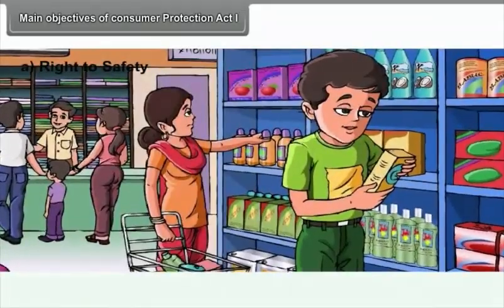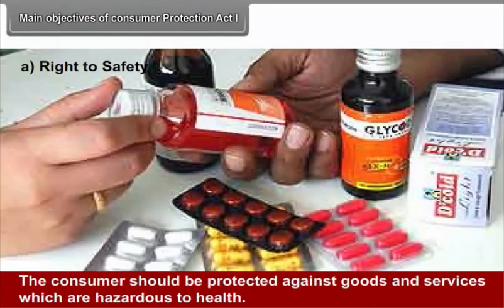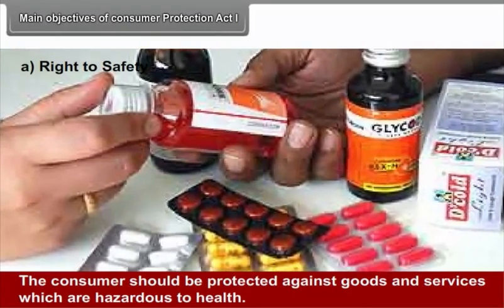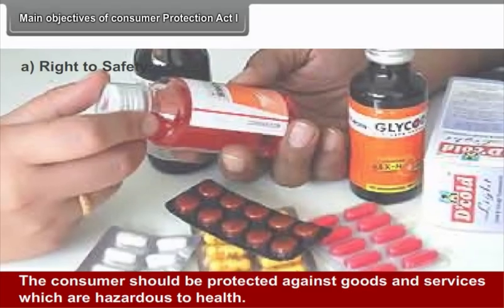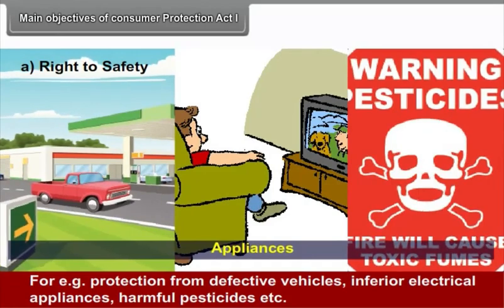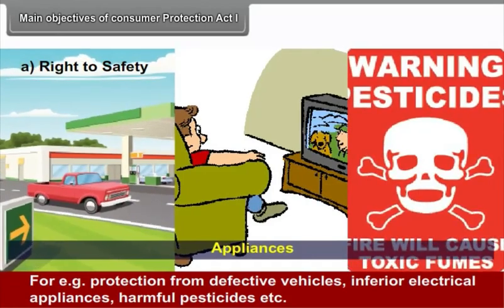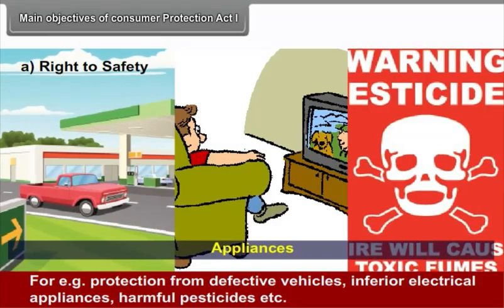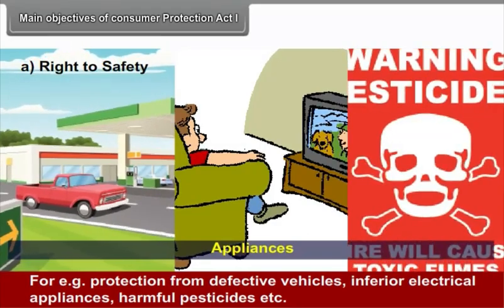Right to safety. The consumer should be protected against goods and services which are hazardous to health. For example, protection from defective vehicles, inferior electrical appliances, harmful pesticides, etc.